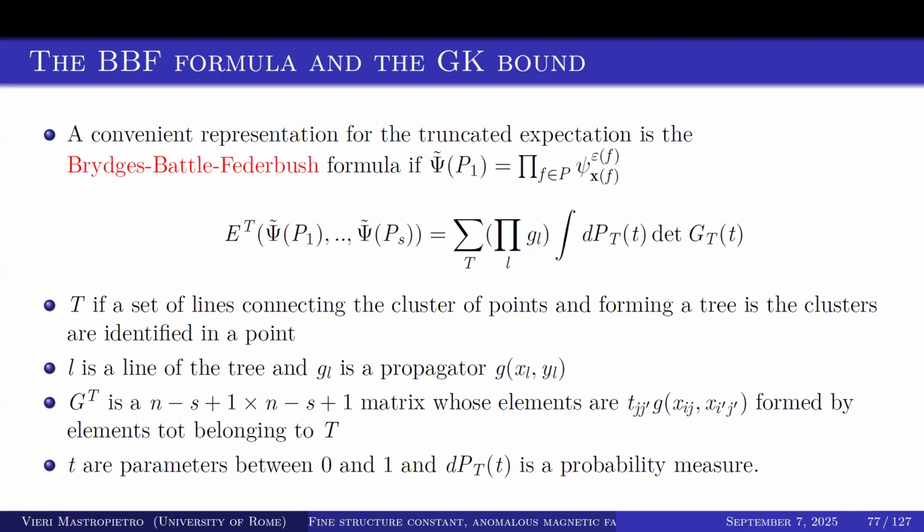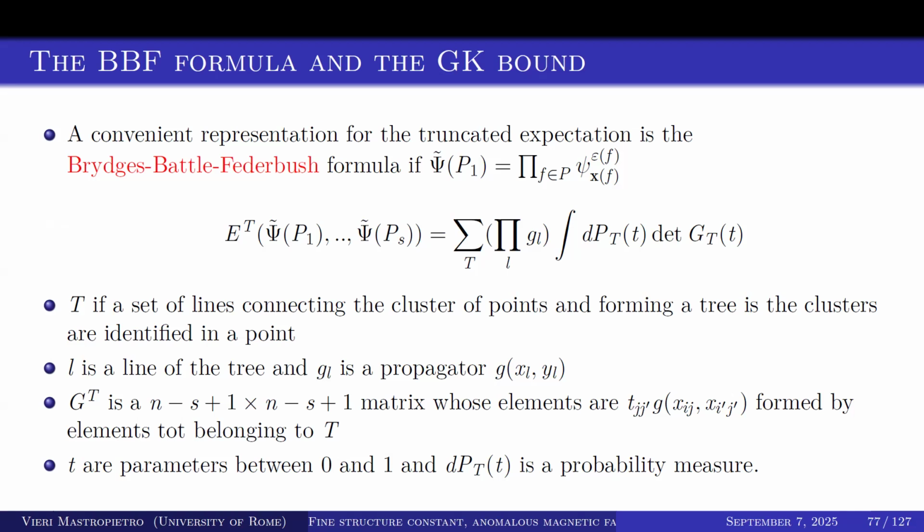Now this formula says that instead of using the graph, we can use a representation as a sum over trees. Why are trees better than graphs? Because trees have no loops, so the combinatorics of trees is much better. The number of trees is bounded by Cayley's formula, of order n factorial, not n factorial squared. And so the point is that we want to reduce to trees.